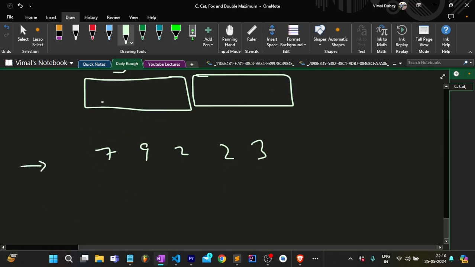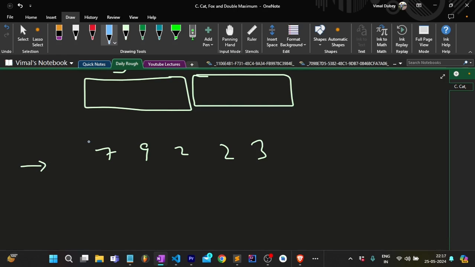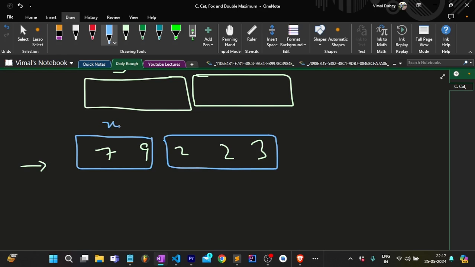Now let's try to choose a prefix and suffix in such a manner that after altering them we can have a sorted array. For now I'm calling this part the prefix, x, and this part the suffix, y. We can't change the order of elements in x and y themselves, but we can swap x and y.